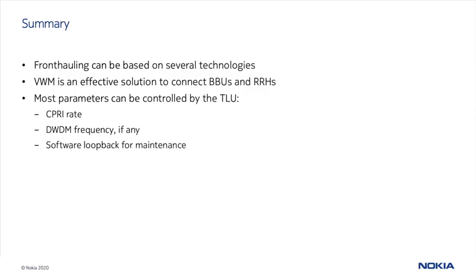The user can also establish software loopback on both client and line ports. The loopback type can be either terminal or facility, meaning that each channel can be tested in 4 possible ways. To make sure that the end-to-end flow has been set up correctly, it's necessary to configure these parameters consistently, and remove any software loopback to allow BBU to/from RRH communication.